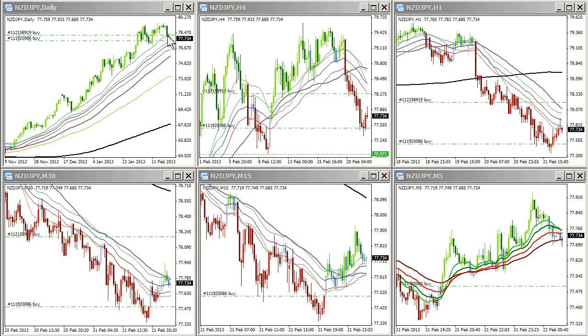Why don't you think about something for a second? If you're long the Kiwi yen, are you consuming yourself with thoughts of where you're going to be short? Or are you just pretty much hoping that this Kiwi continues to climb and batter the yen, and you're looking at the 79.50 to 80 area and hoping for higher highs?